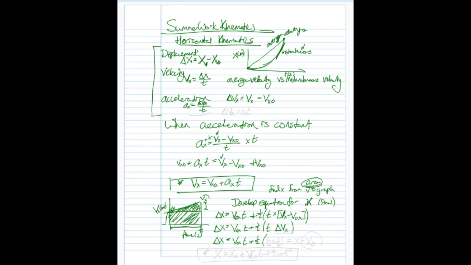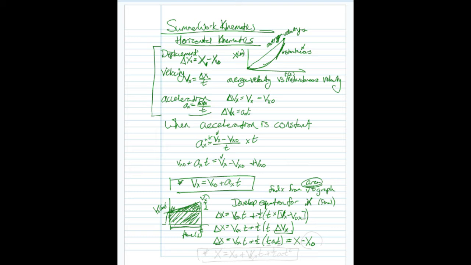Now, the change in velocity, if I look up here, I could rewrite this formula as delta vx equals axt. So I can replace my delta vx with an axt. I'm also going to go ahead and replace delta x here with the final position minus the initial position.